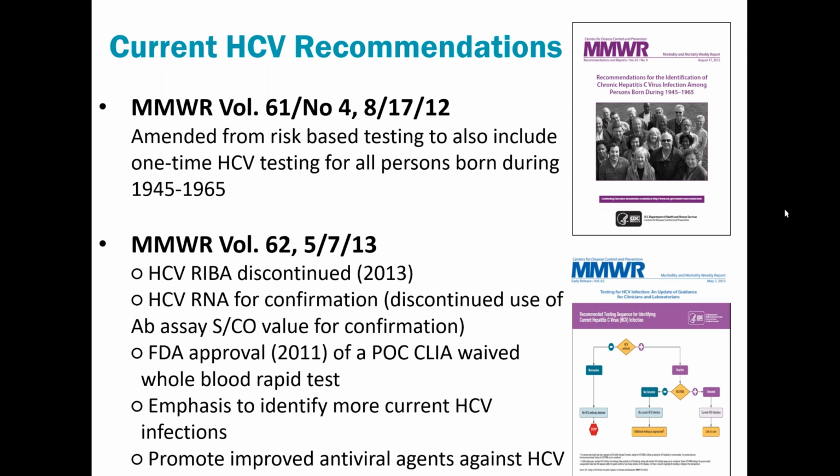The MMWR recommendations to identify chronic hep C among individuals in a birth cohort were issued in August of 2012, amended from an earlier risk-based recommendation. This now includes one-time testing for HCV for all persons born between 1945 and 1965, and data showing a higher prevalence in that age group was really the catalyst.